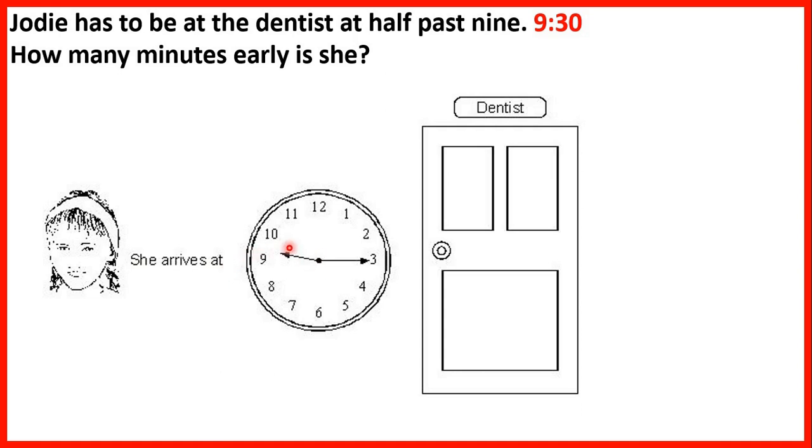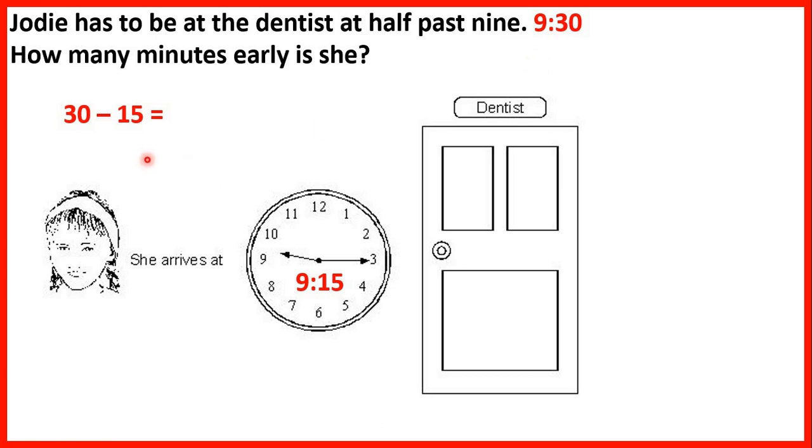We can see that the shorthand, the hour hand, has gone past the 9, and then the minute hand is on the 3. So remember, to find the number of minutes, we multiply by 5, because we count 5, 10, so 3 times 5 is 15 minutes. So she arrives at 9:15, and she has to be there at 9:30.